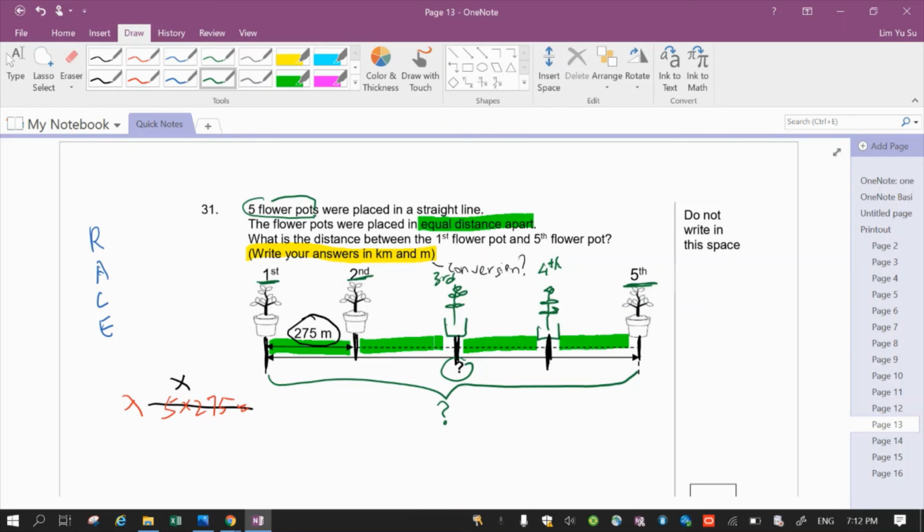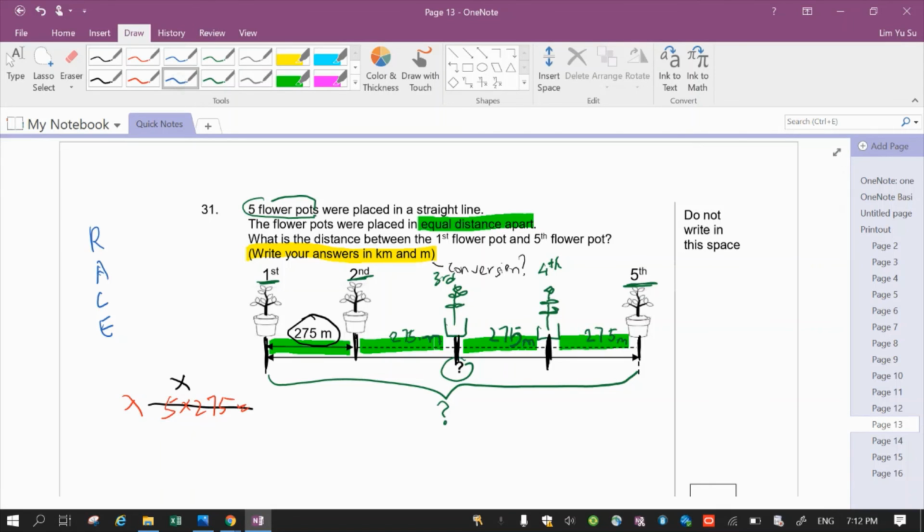Between the second and third flower pot is also 275 meters, as well as between the third and the fourth, and then between the fourth and the fifth is also 275 meters. So essentially you're looking at 4 spaces.